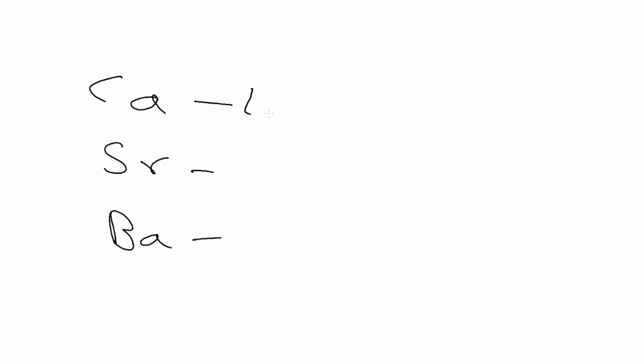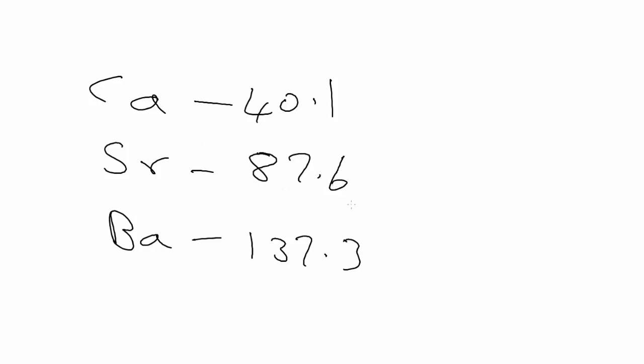Say you have calcium, strontium and barium, that's Ca, Sr and Ba. Now the atomic mass of Ca is 40.1 and Ba is 137.3. And now strontium is 87.6.